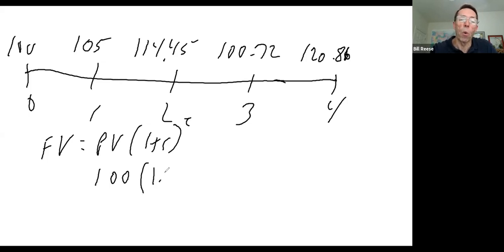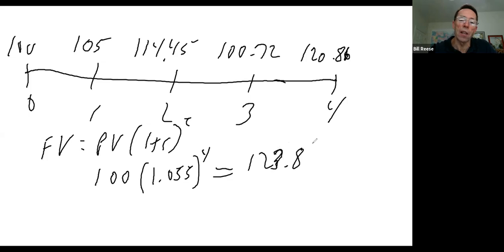So that's 1.055, that is 1 plus 5.5% per year, raised to the 4th power. You do the math on that, and you find that it gives you $123.88.